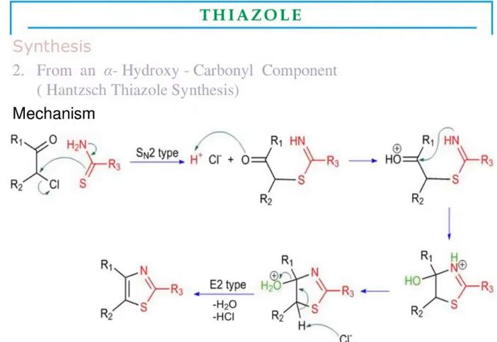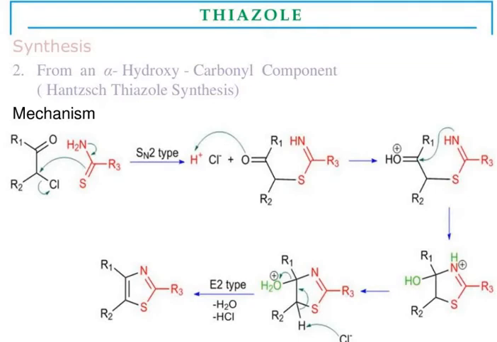This is the mechanism. Write it down and go through it step by step: how the carbon-chlorine bond will break, how the carbon-sulfur pi bond approaches for formation of bonds, and how the lone pair of nitrogen forms a double bond like an amine. So SN2 type reaction.